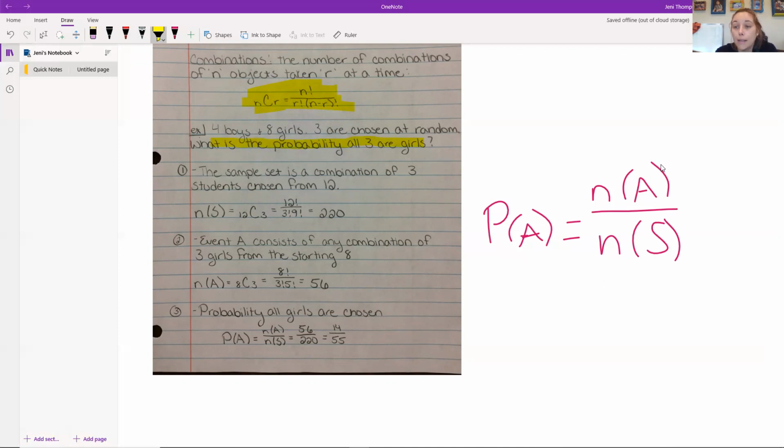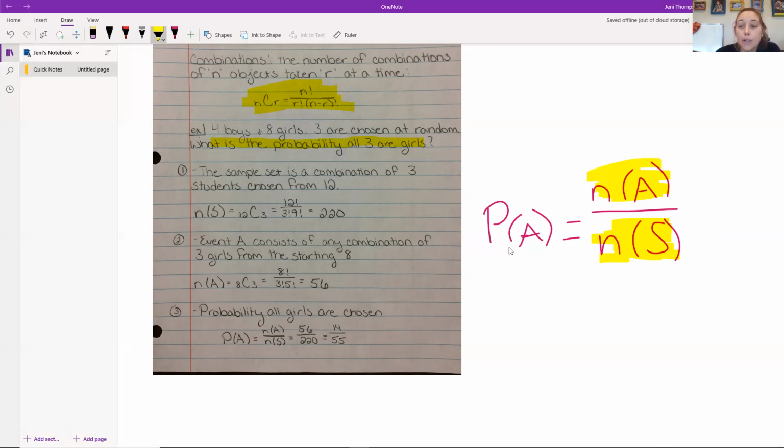We need to find the number of possible outcomes for our event, and we need to find the total number of all possible outcomes. We're going to use our combinations formula up here to find the different pieces so that we can find the probability that our event will happen.